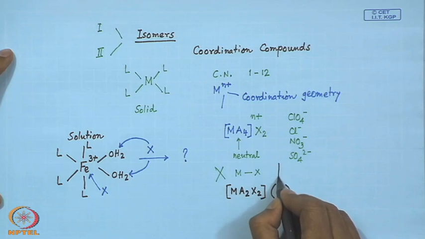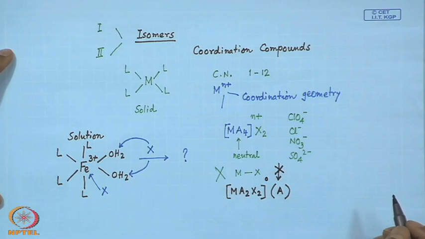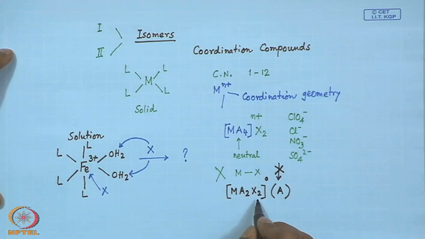So, outside A is not possible. So, we will have a compound which has internal charge compensation and MA2X2 is forming.